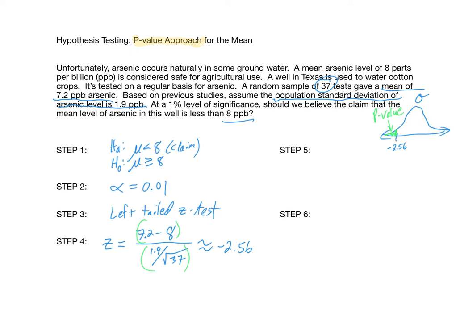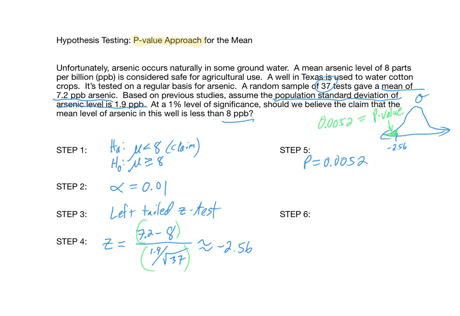Hopefully at this point you are comfortable reading your standard normal distribution table. The area to the left of the z-score negative 2.56 is precisely 0.0052. So we have a p-value of 0.0052.